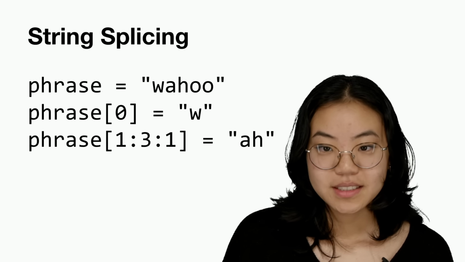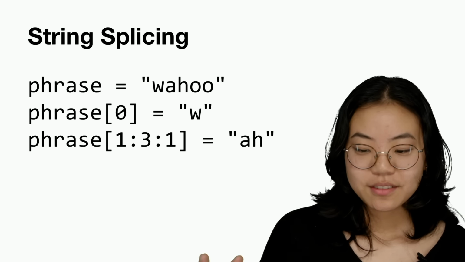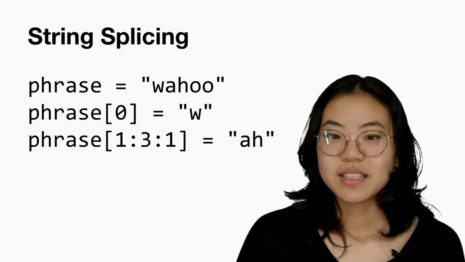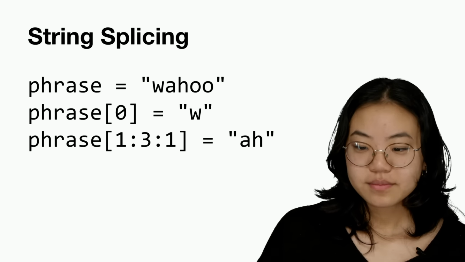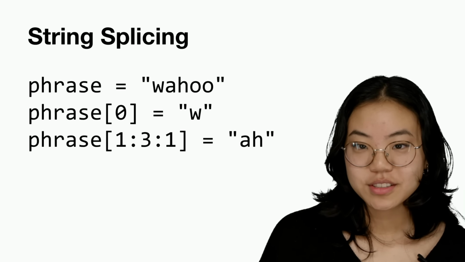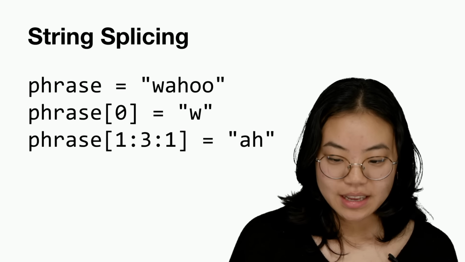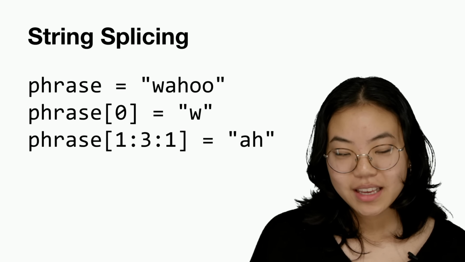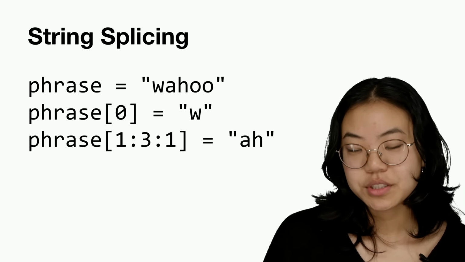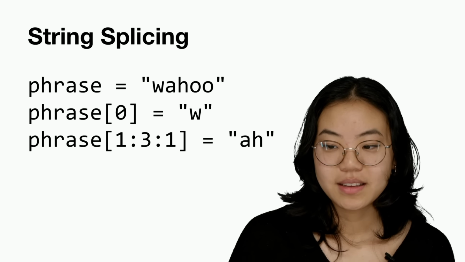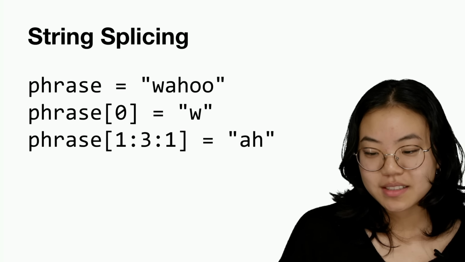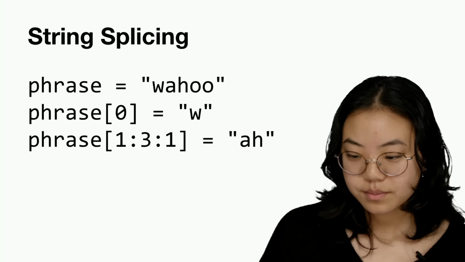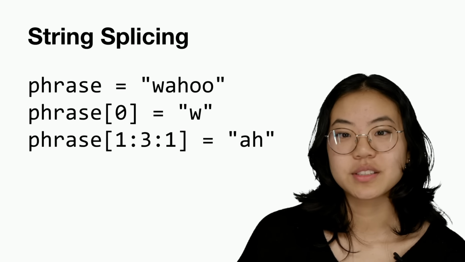Another interesting functionality that Python has is string slicing, as we call it. If we recall, strings are just an array of characters, and so we can treat it as such. If I have some phrase equal to wahoo, then getting the 0th index of that phrase would just be the character W. And then we can use this string slicing notation, similar to range, to get certain parts of the string.